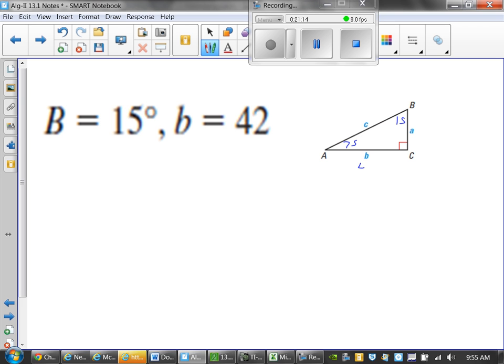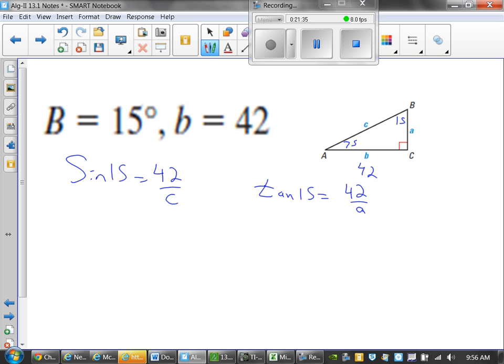Little b is 42. So the sine of 15 is 42 over c. The tangent of 15 is 42 over a. Whatever you got on your calculator is probably right.